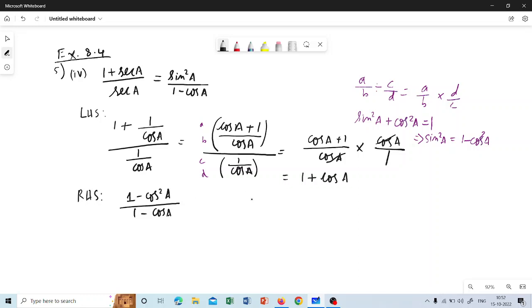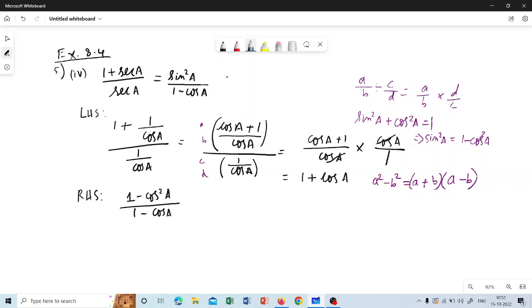Still you might ask, what is the use of writing this? Now if you remember this algebraic identity, a square minus b square is equal to a plus b into a minus b. This identity is pretty relevant, and it is always useful to make use of this result.